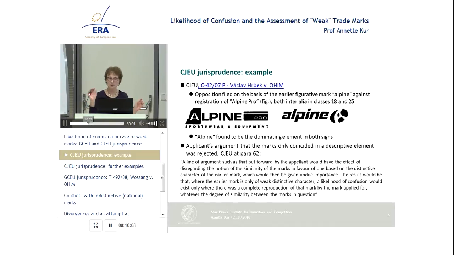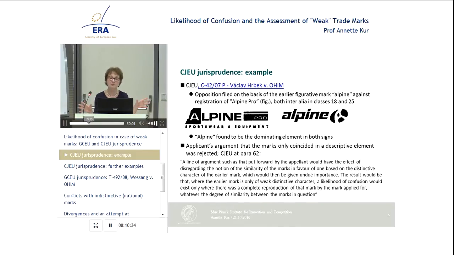One was ski equipment, the other was backpacks, etc. But both were registered in the same classes, or were meant to be registered in the same classes, and they were both largely outdoor products. So not necessarily identical products, but very similar products.